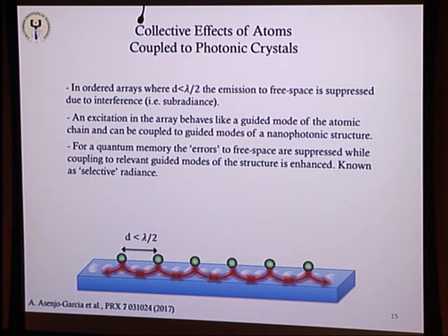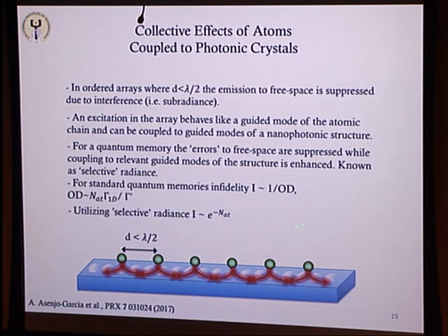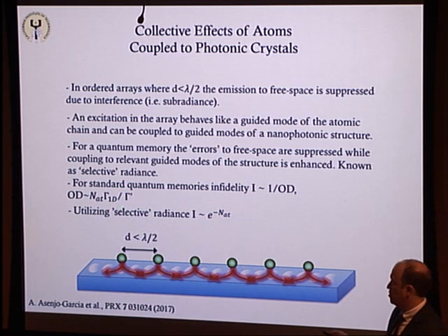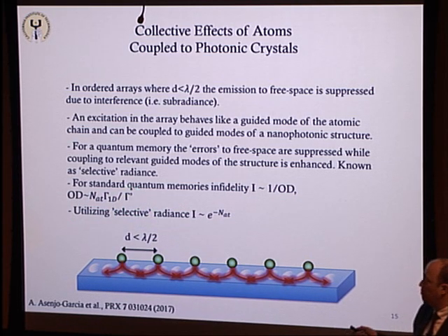You can gain a much more favorable scaling of the errors in a quantum memory. For a standard quantum memory, the infidelity or the error rate scales as 1 over the optical depth, which is basically just 1 over the number of atoms times this gamma 1D over gamma prime, this coupling. But by utilizing the fact that you can turn off a lot of the emission out into free space through this subradiant effect, you can get an exponential scaling in the infidelity.